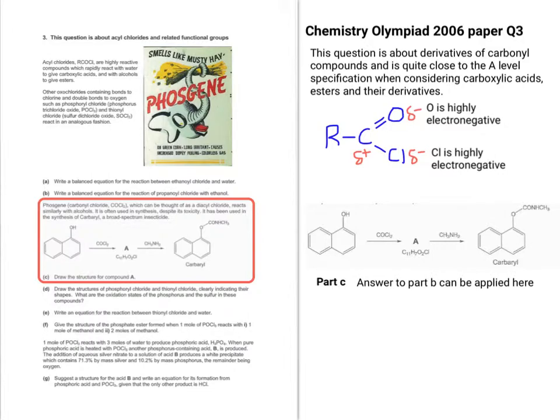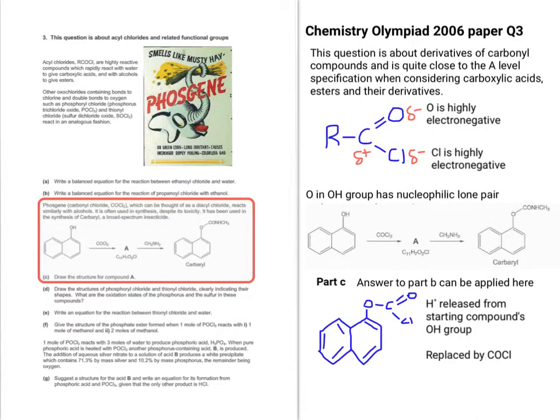Because we've just done a question on alcohols, in part B we can take that idea and apply it a bit more here. It asks you to draw the structure for compound A. If we look at the OH group that's present in the first compound, you can see that it's got an oxygen, and that oxygen will obviously have a lone pair. I think what they're talking about is the idea of that acting as a possible nucleophile.